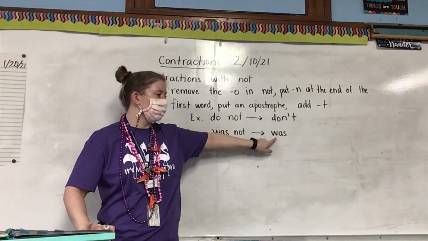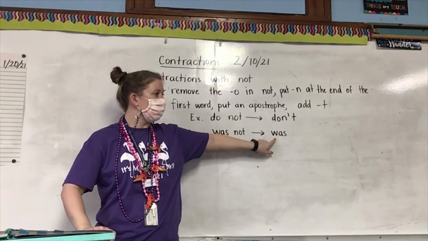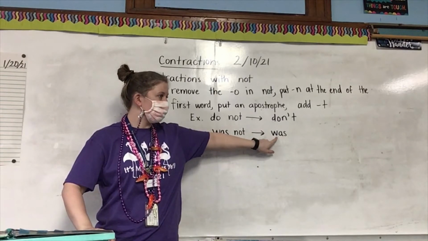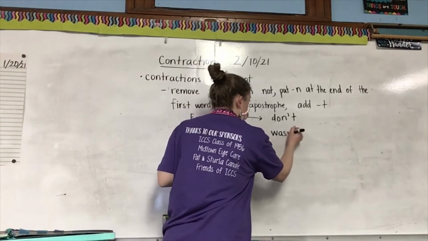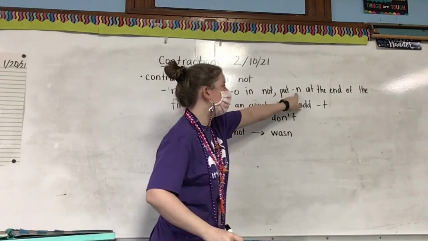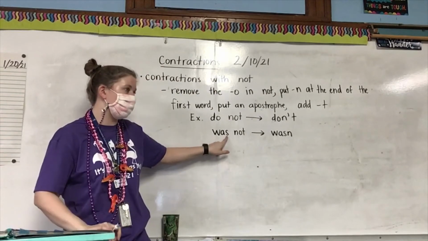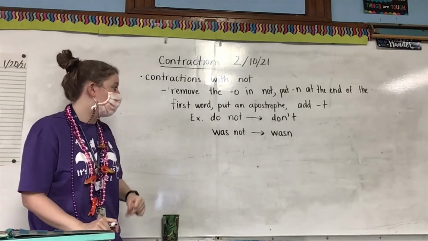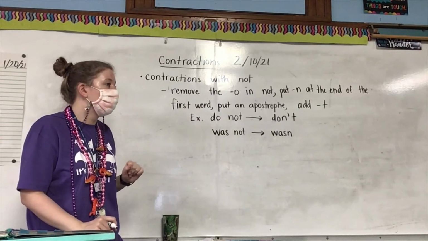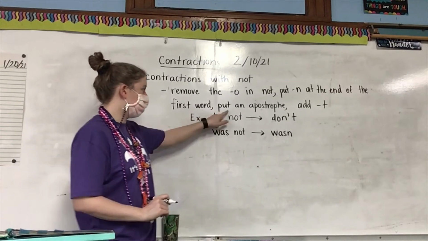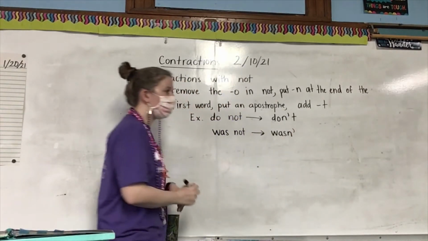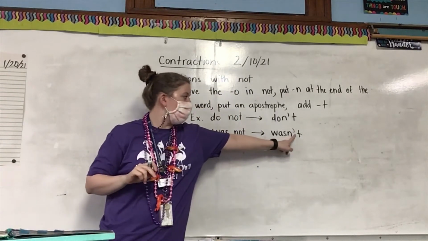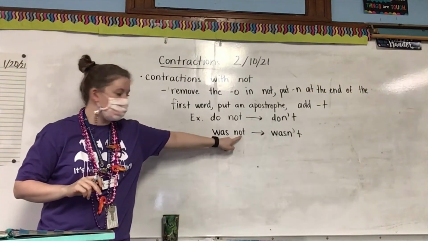We put an N because it says put N at the end of the first word. Does was end with E? No. Now what? You put an apostrophe. And now what? Then you add T. So again, we can see the apostrophe replaces the O.